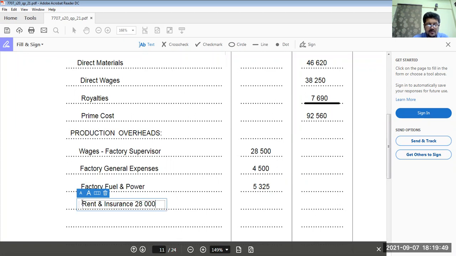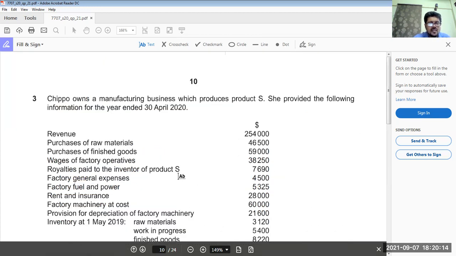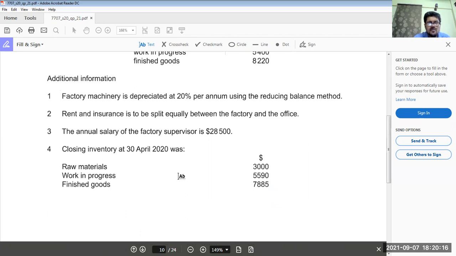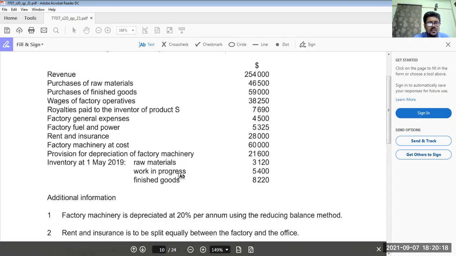28,000 multiplied by 50%. What is that? Depreciation of factory machine. We have to calculate depreciation. Depreciation is 20% using the reducing balance method.